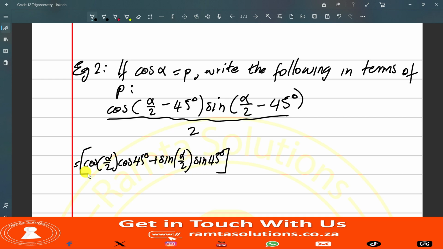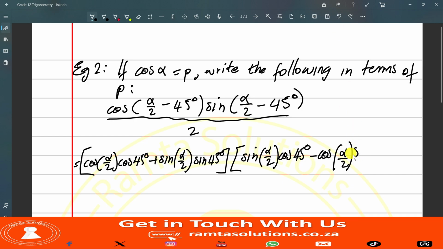Okay, put them in a bracket. Then we have sine alpha over 2 cos 45 degrees, it's sine, so it's minus, then cos alpha over 2 multiplied by sine 45 degrees.